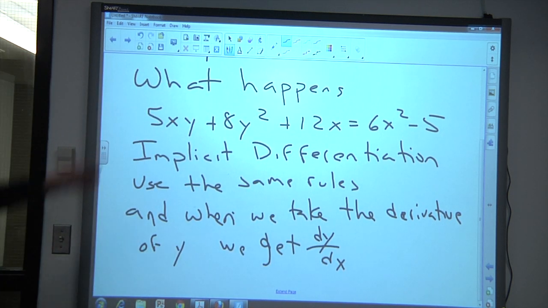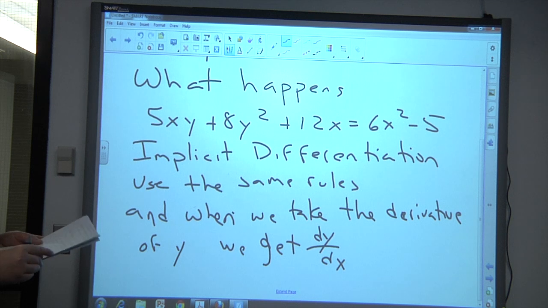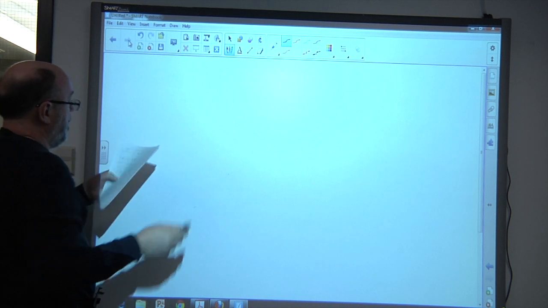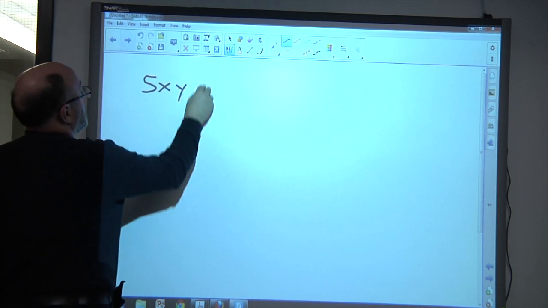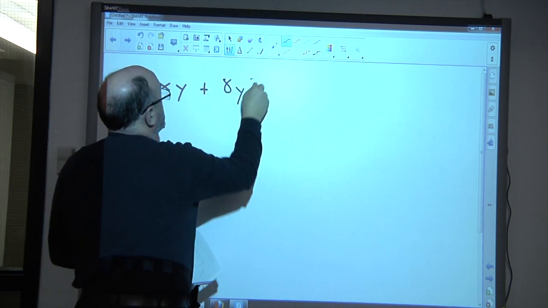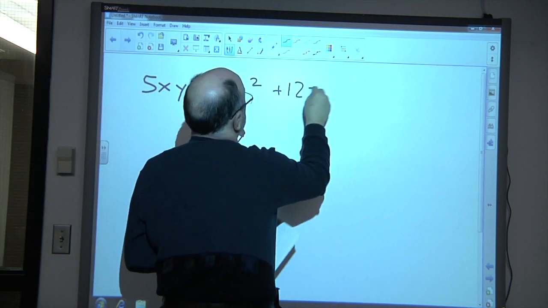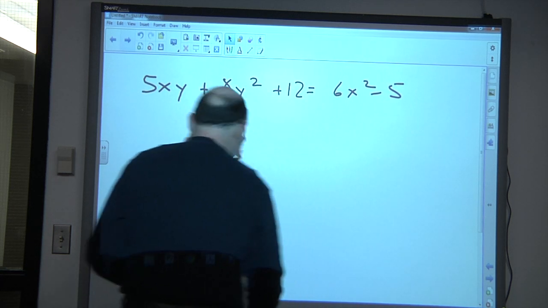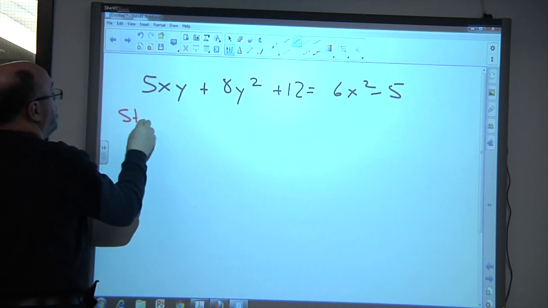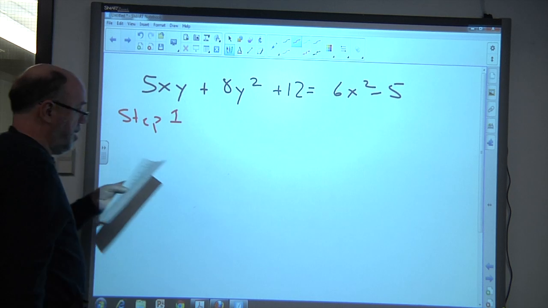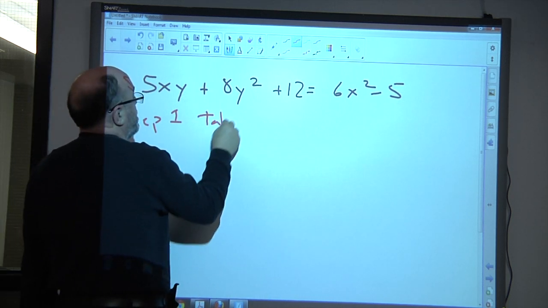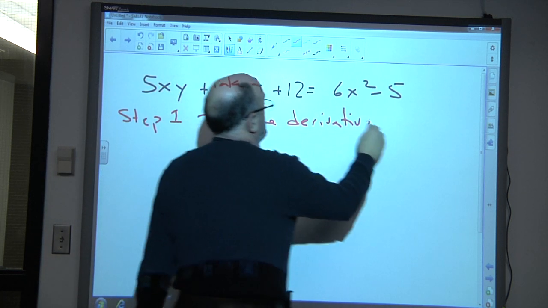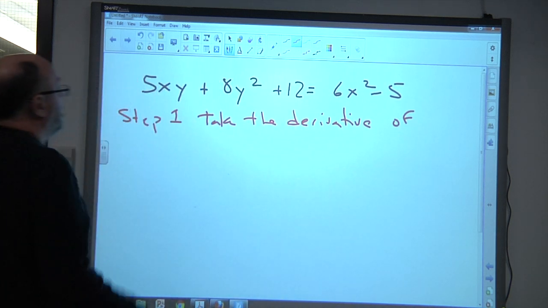So let's go through how I would find the derivative of this. Right? So we have 5xy plus 8y squared plus 12x equals 6x squared minus 5. Right? So, step one. We want to take the derivative of everything with respect to x.